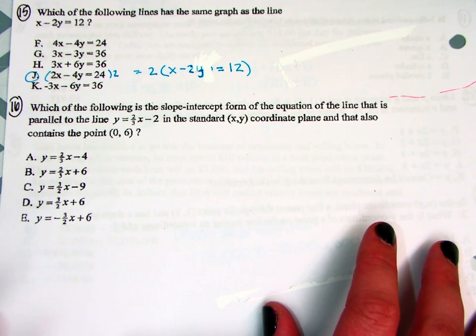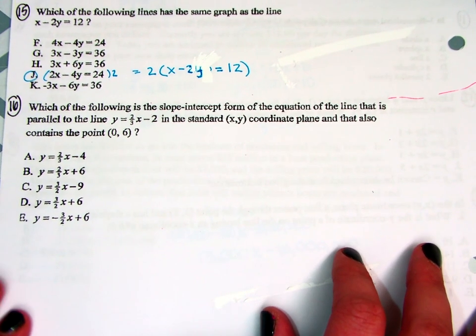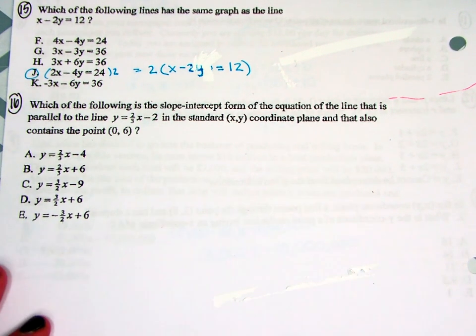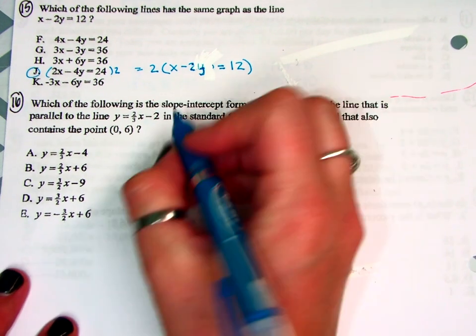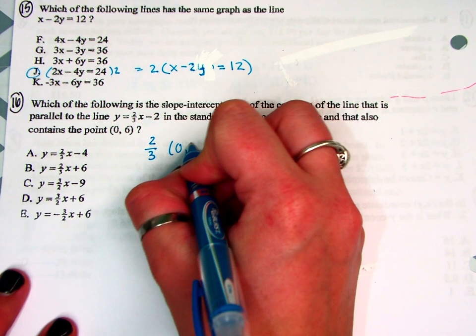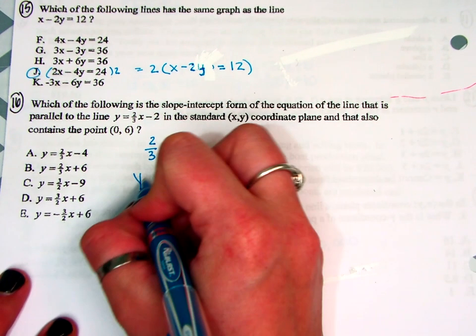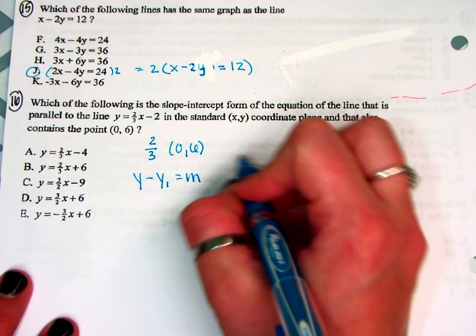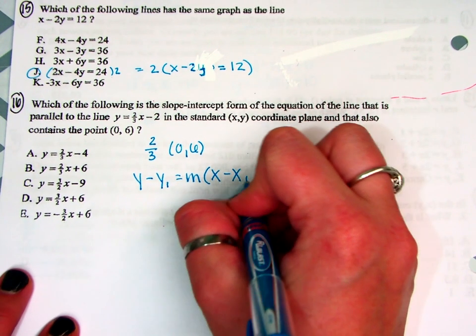Which of the following has in slope-intercept form parallel to 2/3 x minus 2 and has the coordinates of 0, 6? Well, parallel means same slope, so I'm using 2/3. I've got my point 0, 6. So y minus y1 equals m, parenthesis, x minus x1.